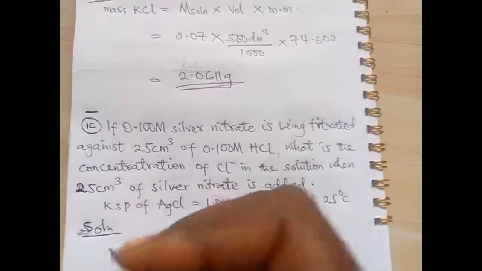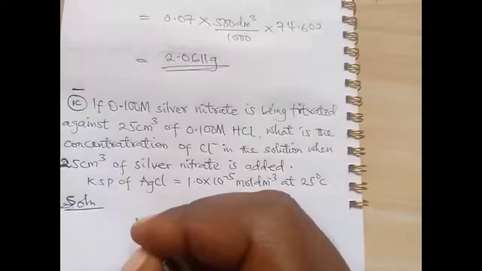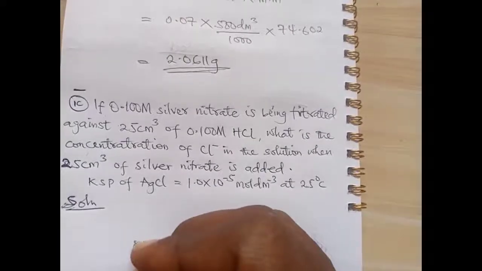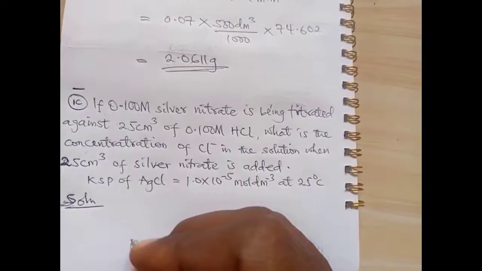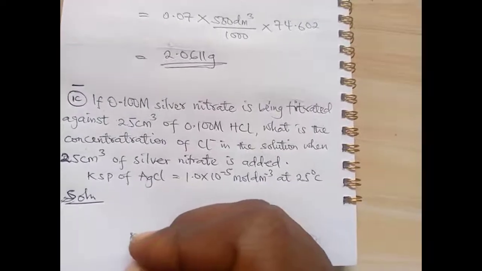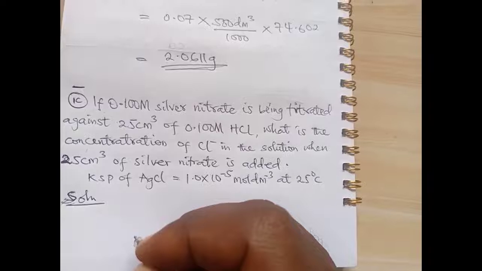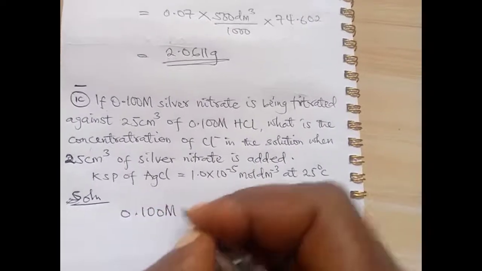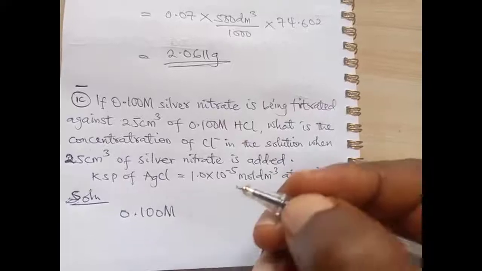Before the addition of silver nitrate solution to the HCl solution, the concentration of chloride ion in the solution equals the concentration of HCl solution. That is 0.100 molar, or mole per dm cube.